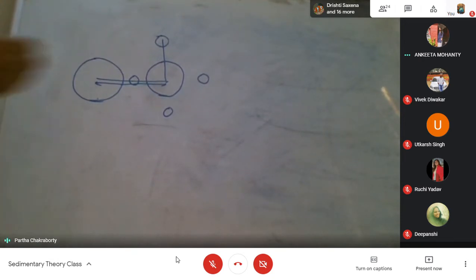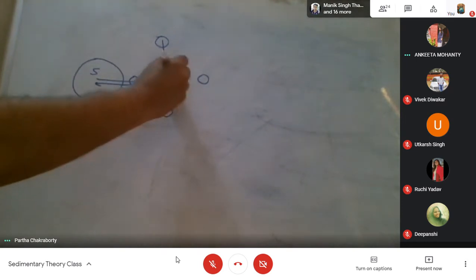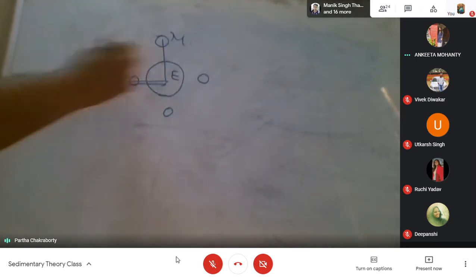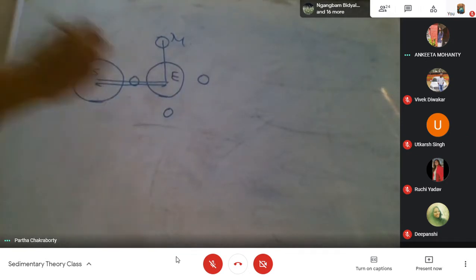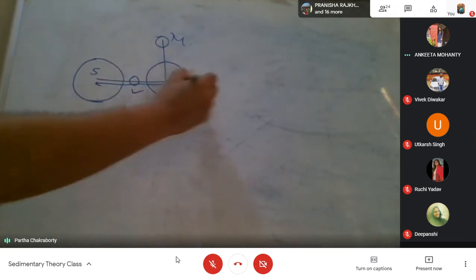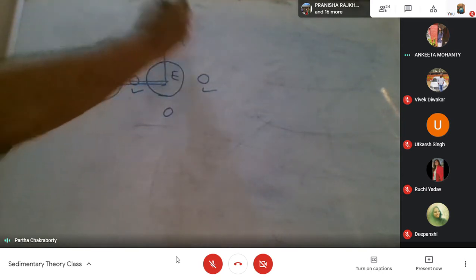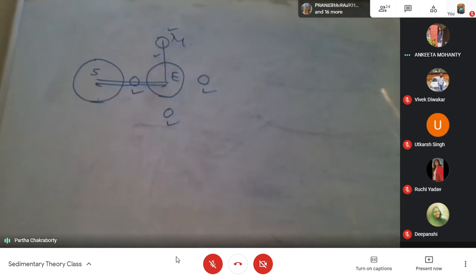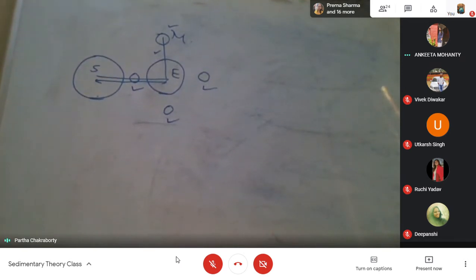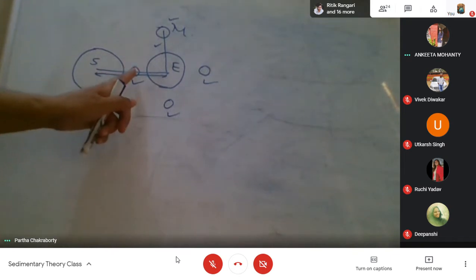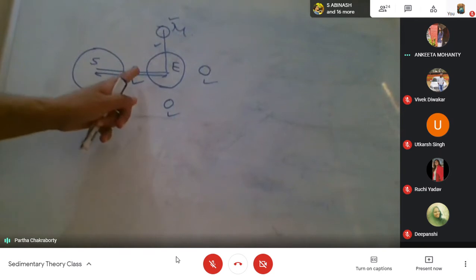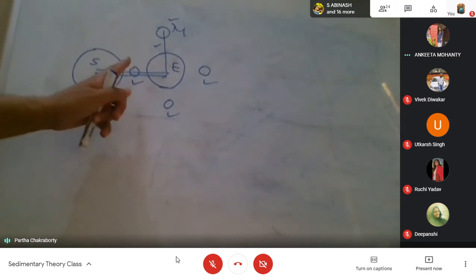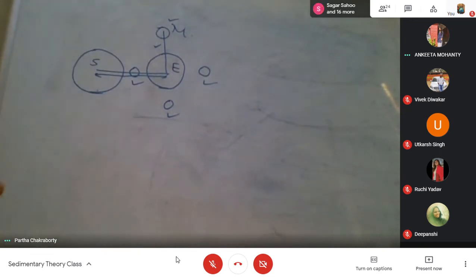The linear relationship happens here, and the other relationship happens here. When the moon is between the sun and the earth, the sun's light directly falls on the moon. That is what we call the Purnima. That is the spring tide.